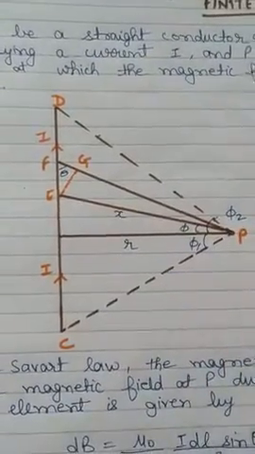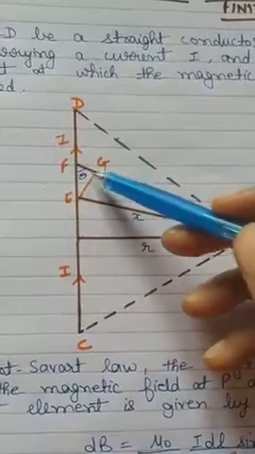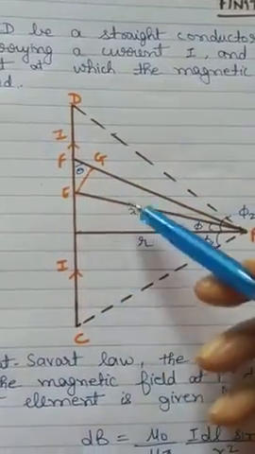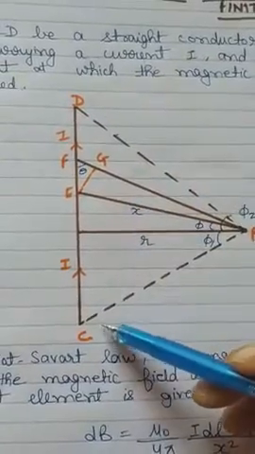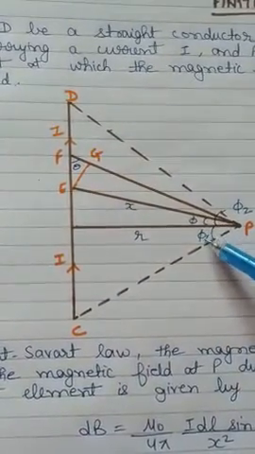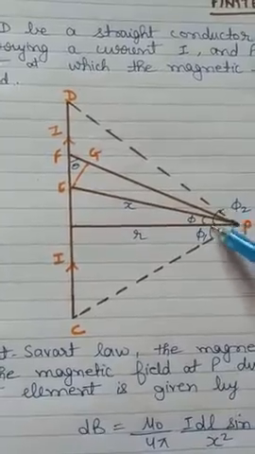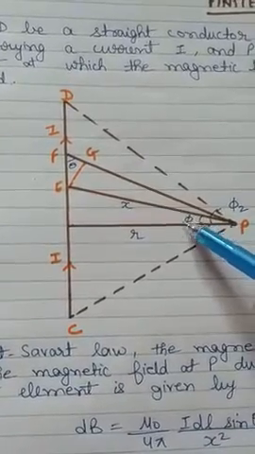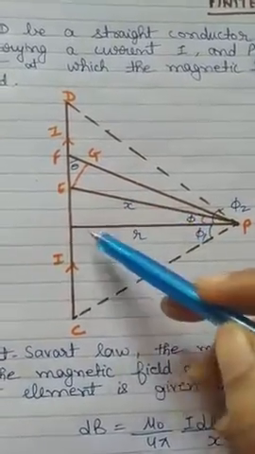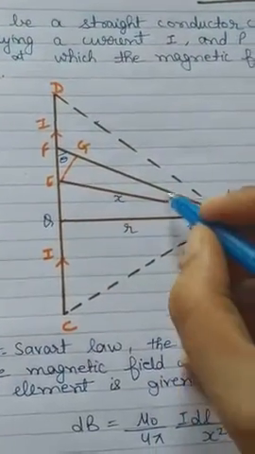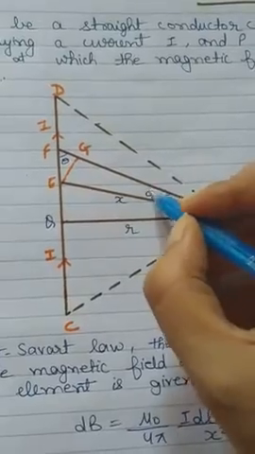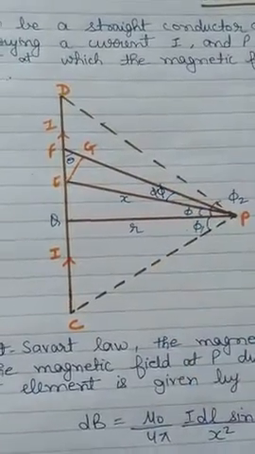Here you can see EFG is theta. This distance is taken as x. This is R. This is the phi angle, phi 1 is this one, and phi 2 is this angle. This small angle is angle EPQ. Here take it as Q. This will be phi, and this small angle is your d phi.